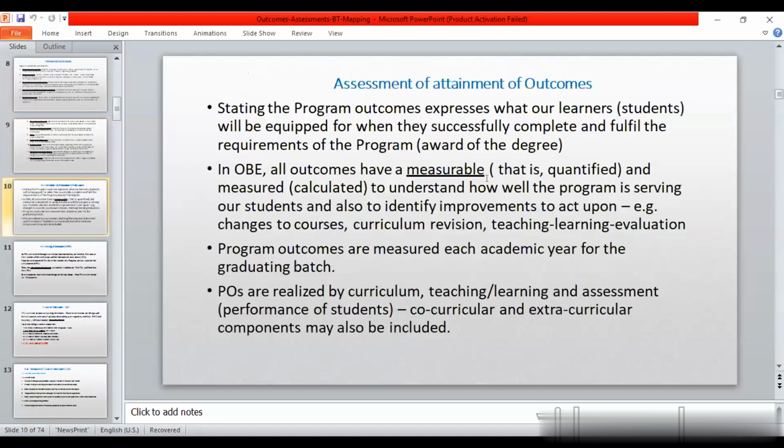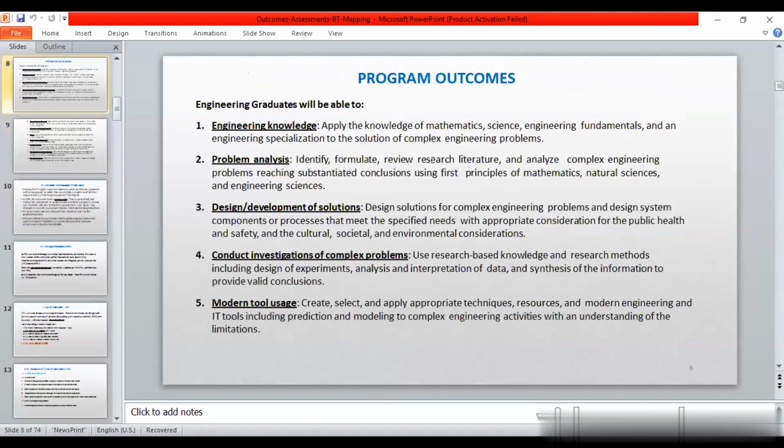We have been discussing these program outcomes. As I said, when we have 40 courses for a program over the span of 4 years, all these program outcomes or graduate attributes will connect somewhere. We need to identify those.